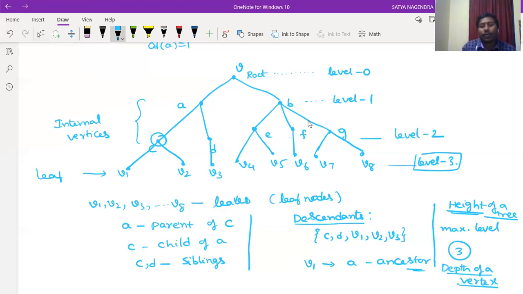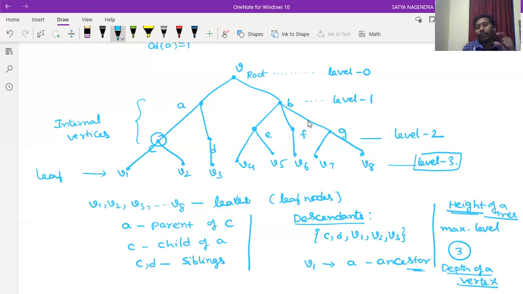They may ask: write about rooted trees, what are siblings, what is the height of a rooted tree, and what is the depth of a vertex. They may even ask some essay questions like that, so you must know all these points. So what are internal vertices?